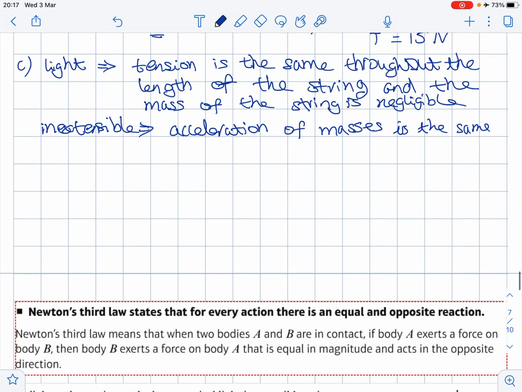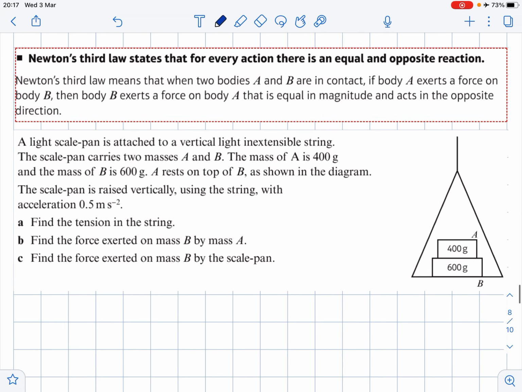So now let's look at another question. Newton's third law states that for every action there is an equal and opposite reaction. What this means is that let's say we have two bodies.